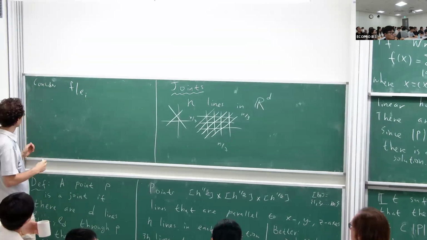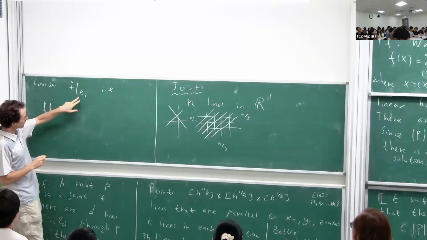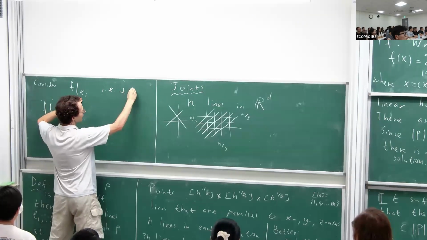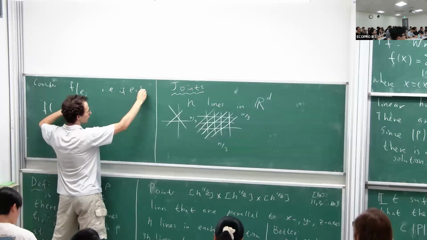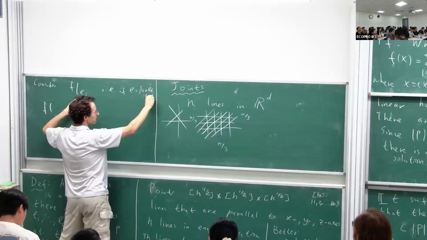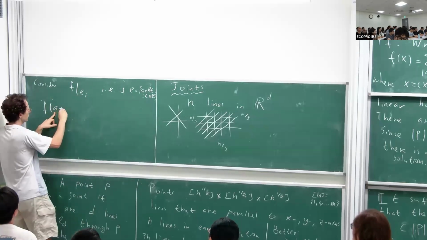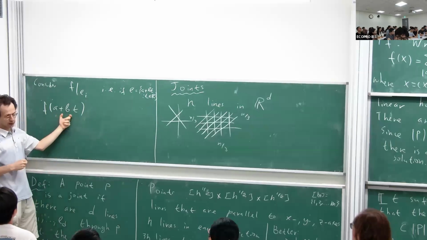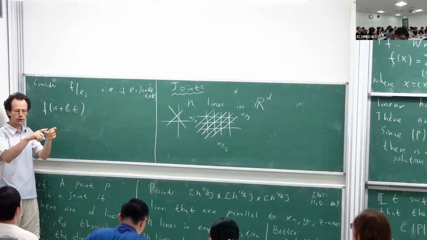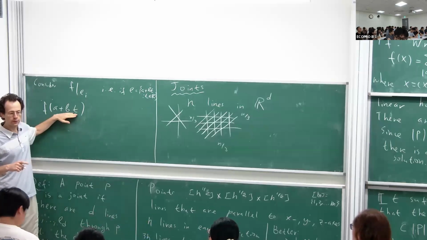What it means is, if you parameterize L as the set of all the points of the form A plus Bt, we are looking at this polynomial in a single variable. We're just going along the line, it's a single variable parameter, and we are looking at this one variable polynomial.